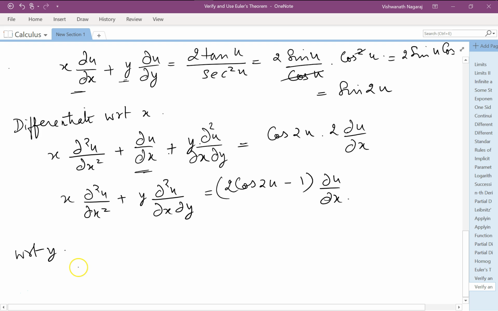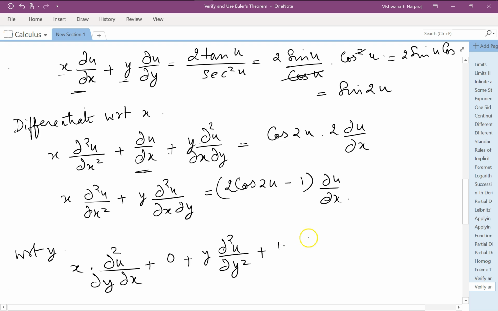So x as it is, dou square u by dou x is already there, so dou y, plus now we are differentiating with respect to y, so it's a constant, so this becomes 0, plus y dou square u by dou y square plus 1 times dou u by dou y is equal to sine 2u becomes cos 2u times 2 dou u by dou y.